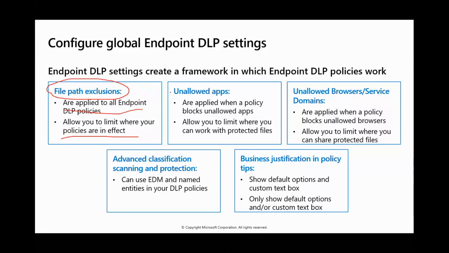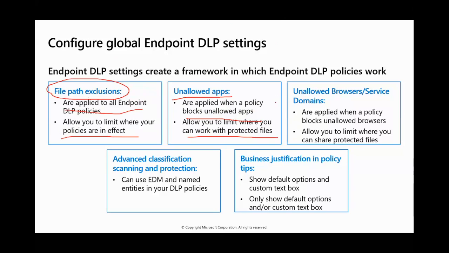For another data loss prevention setting for endpoint, we can discover unallowed apps. Those are applied when a policy blocks unallowed apps and allows us to limit where we can work with the protected files. For example, if I have one file that I am going to use with mobile Office 365, and then I move this file to work with another application on my device, automatically I'm going to block the access to these unallowed apps.